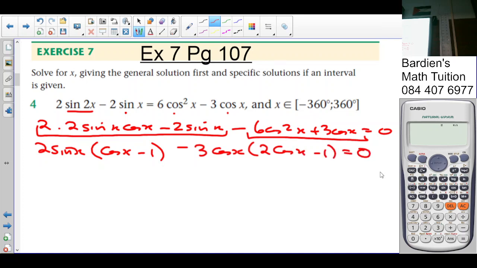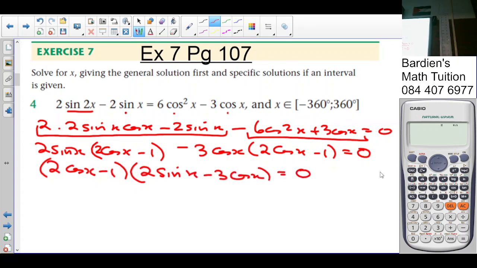So what do we notice now? We have a common bracket of cos x minus 2 cos x minus 1. There must be a 2 there, no? So it's 2 cos x minus 1. I'm then left with 2 sin x minus 3 cos x equals 0. There we got it in the zero factor rule.